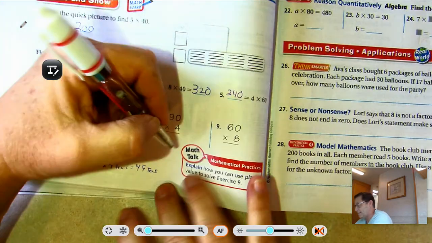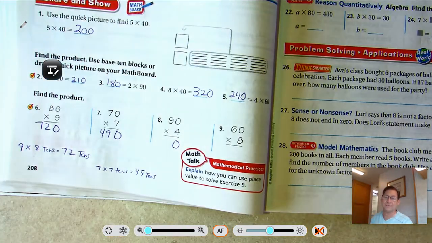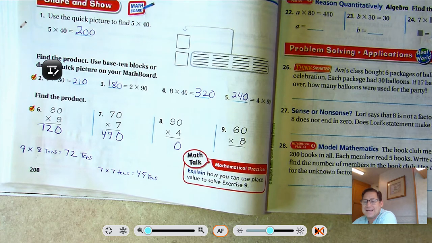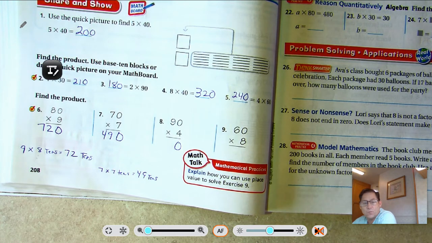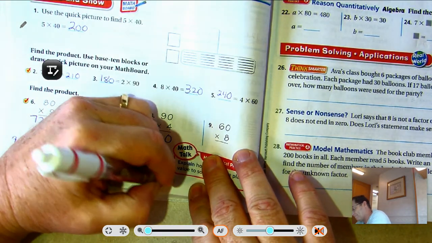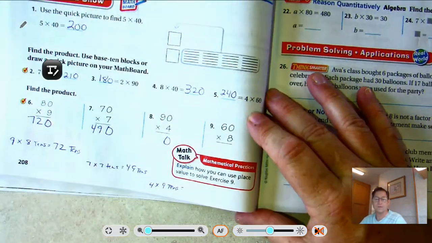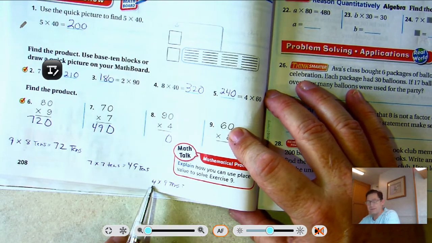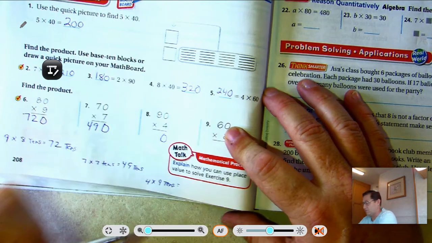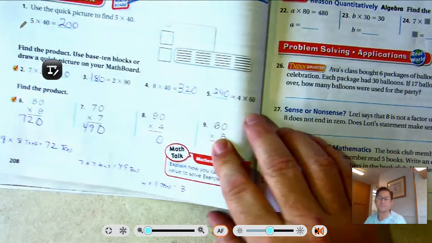All right, 4 times 0. Again, we have 0 ones. 4 times 9 tens. Okay, I'm multiplying by 9. So I'm multiplying 9 by 4. So the tens place is going to be a 3.